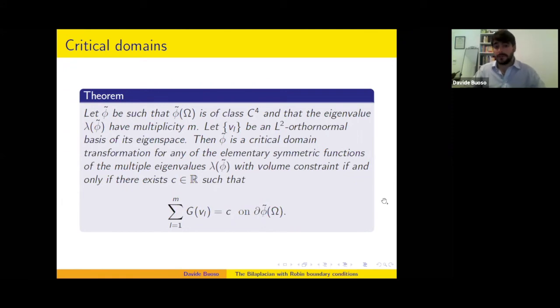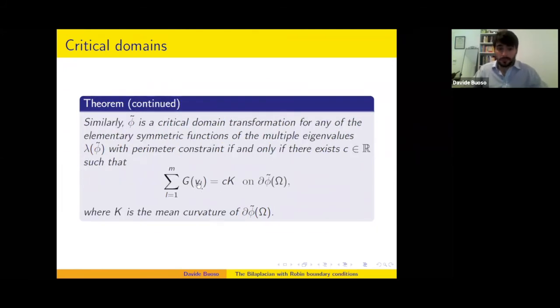In a totally similar manner, the same is true if instead of the volume constraint you take a perimeter constraint, only that now, instead of having this quantity constant on the boundary, this quantity has to be a multiple of the mean curvature of phi tilde of omega.